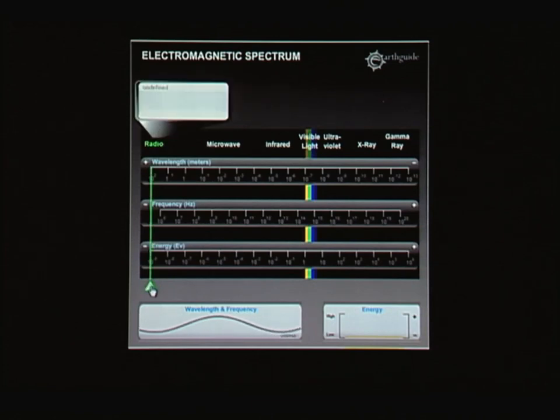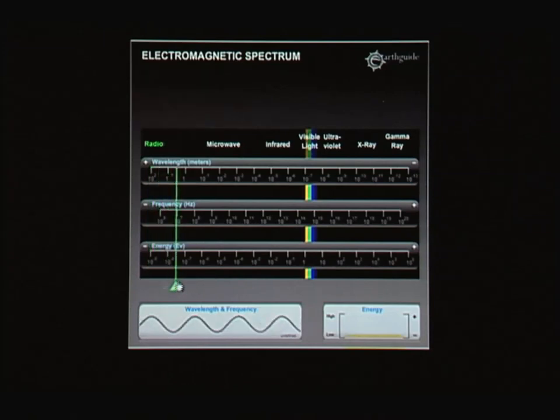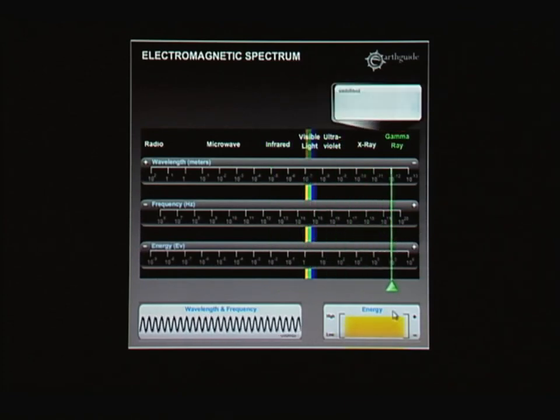For example, radio waves are long, and as we go towards microwave, they get shorter and shorter, and they get very short at gamma ray.